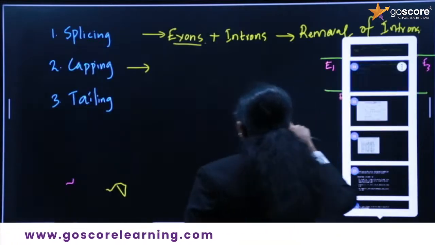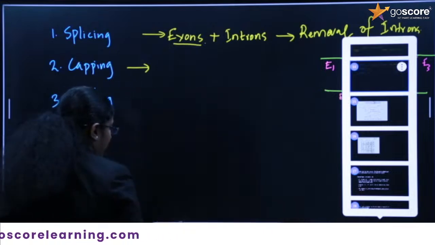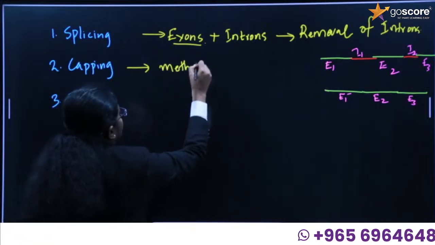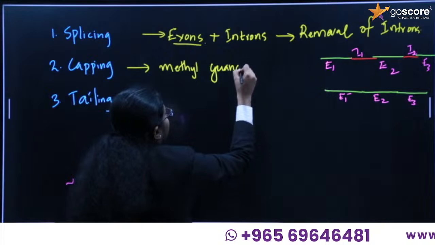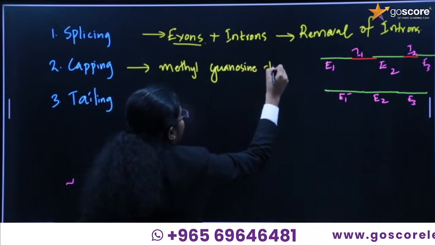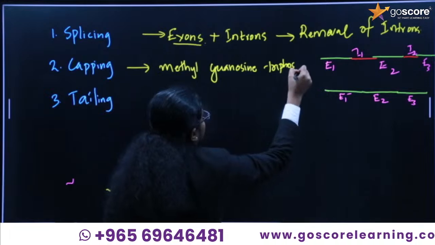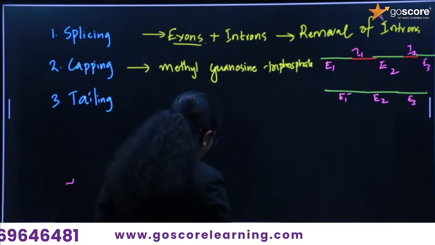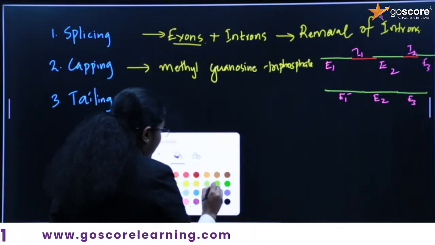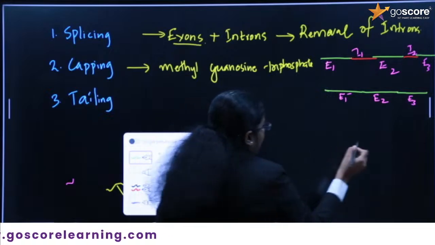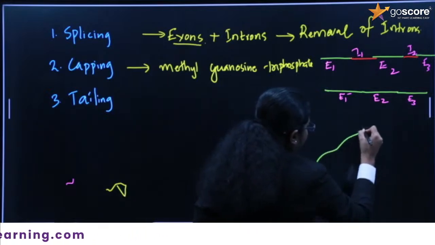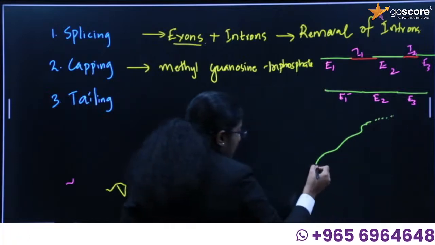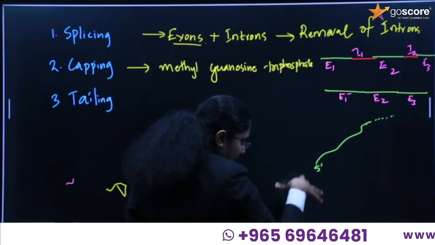Methyl guanosine triphosphate. So it gets a cap. If you are considering an RNA, this is an RNA which is coming out, and the transcription is still going on. This is the 5' end which has come out of the DNA.